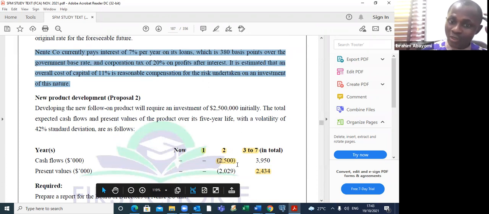So the time to expiry of the option is 2 years.